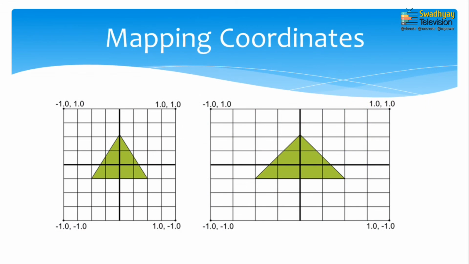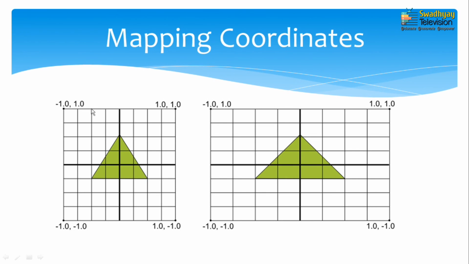So, how to specify mapping coordinates on screen? Here you can see in the first figure on the left side that OpenGL considers your device screen as a perfect square and its coordinates are shown on screen.